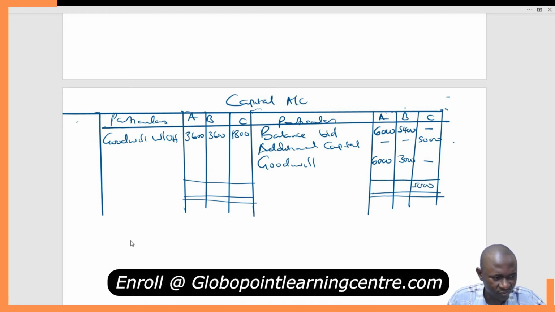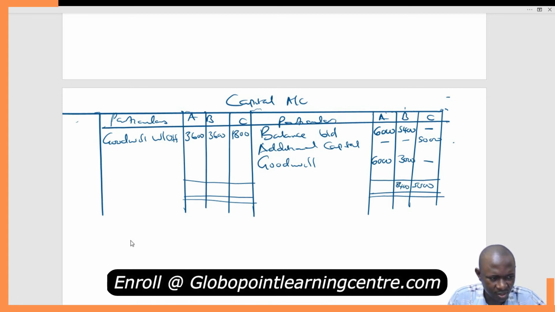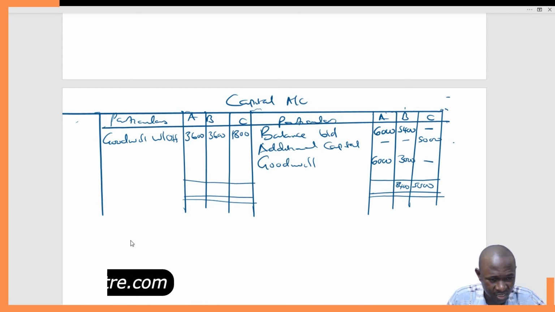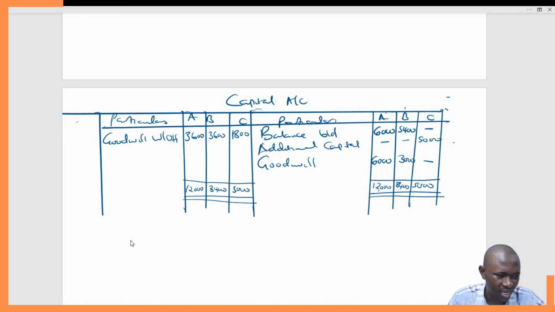This side we have 8,400, this side is high. And this side we have 12,000, and 12,000 is higher than the other side. So it means the balancing figures will be 12,000, 8,400, and 5,000.